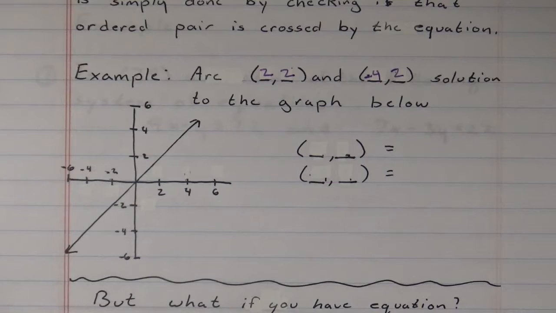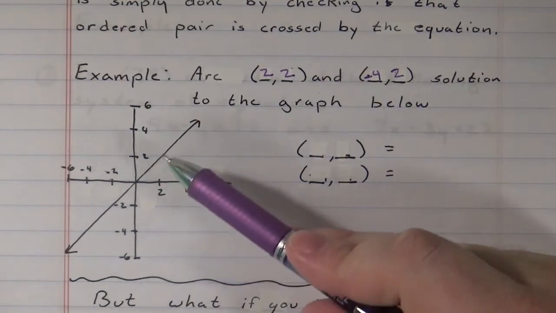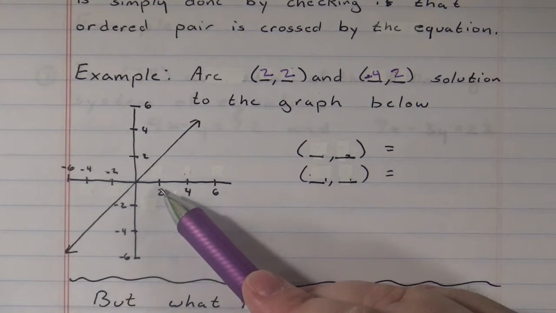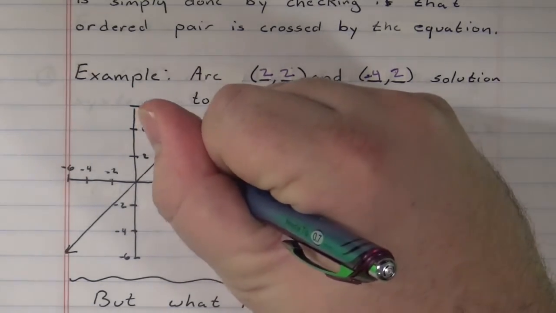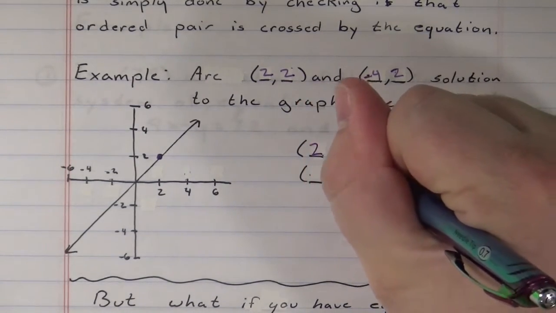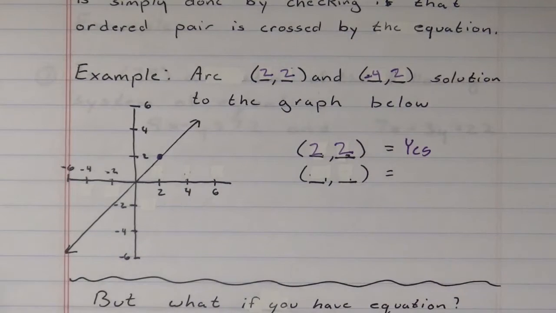So really all we're trying to find out is, does this ordered pair (2, 2) fall on this line? Well, let's find out. Well, let's find 2. Well, here's positive 2 and then there is positive 2 here. So does it fall on my line? Yes. So the ordered pair (2, 2) is, yes, a solution. It is a solution because it works.